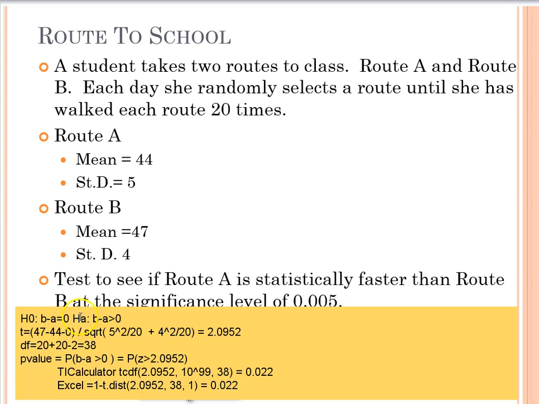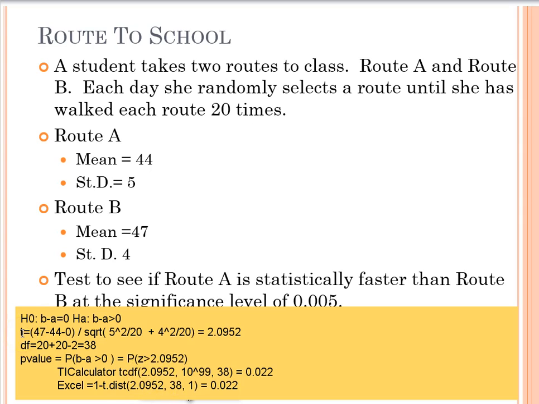The alternative hypothesis, then, is that Route B is slower than Route A, so we would have a positive term here. If you put Route A first, then your alternative hypothesis would have a negative term. So it's important to set up this alternative hypothesis correctly because that's going to affect how you calculate your p-value.